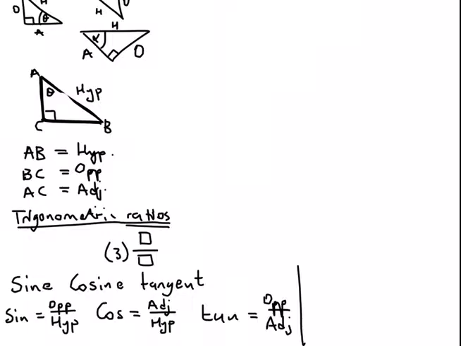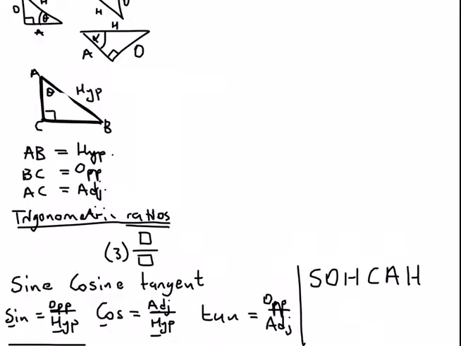Let's try to shorten it. What if we want to remember that sine is the ratio of opposite over hypotenuse? Let's take the first letter of sine, which is S, the first letter of opposite, which is O, and the first letter of hypotenuse, which is H. Then we jump onto cos: C for cos, A for adjacent, H for hypotenuse.